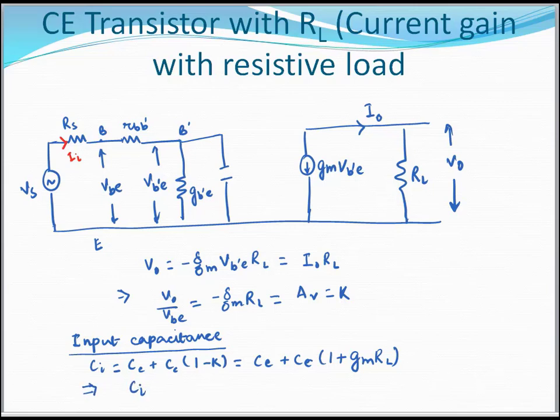So we can write Ci is equal to C plus Cc 1 plus Gm RL.